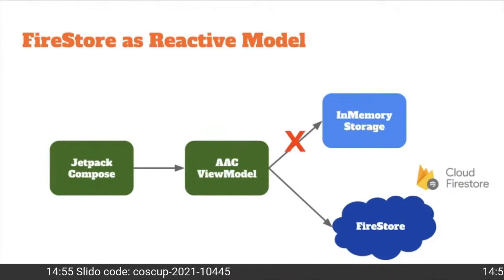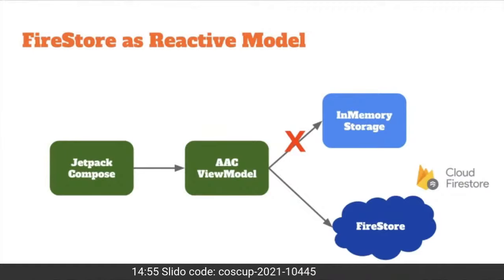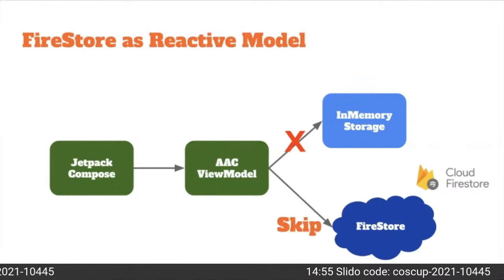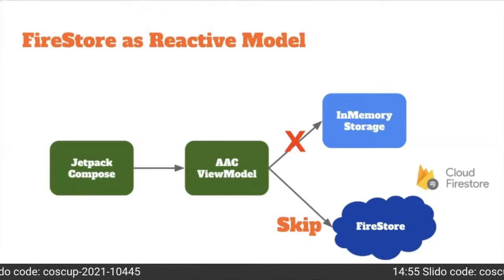For the storage, I use Firestore to store all this data. Okay, then let's just swap the internal storage for Firestore. I will skip the implementation because this is very straightforward, and if you are curious, you can check my GitHub repo.